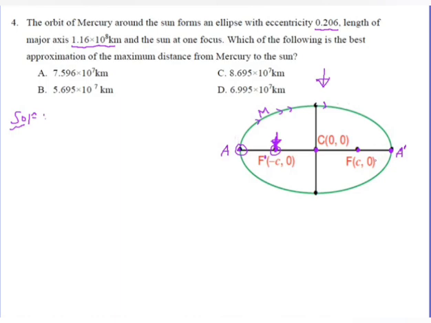So we just try to calculate the distance from this F prime to A prime. That will be the maximum distance from Mercury to the Sun.